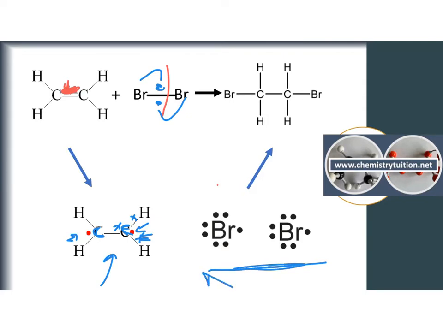We call these species radicals, and a radical is a species with an unpaired electron. Then we assume these atoms rearrange themselves and form new bonds. So the electrons from this bromine go to that carbon, and this bromine perhaps goes over to that carbon, to form these 2 new bonds.